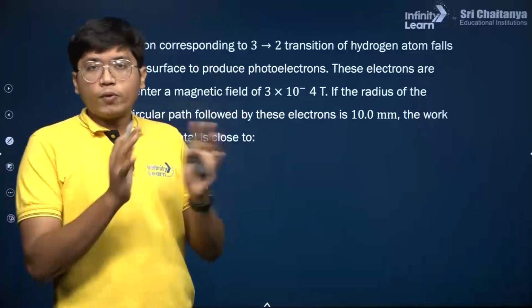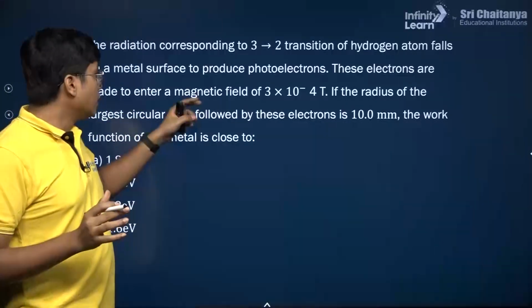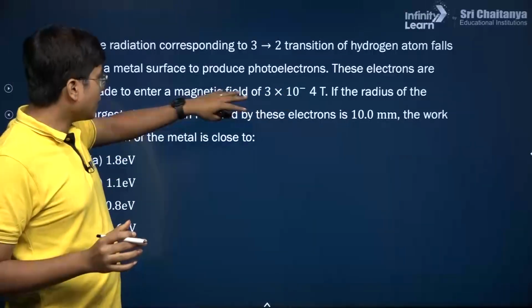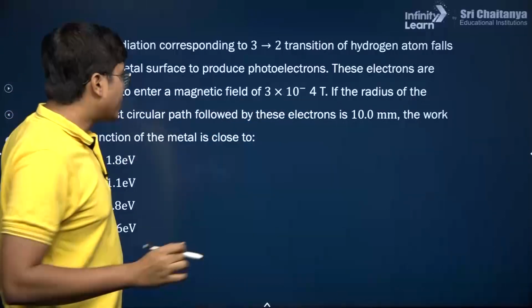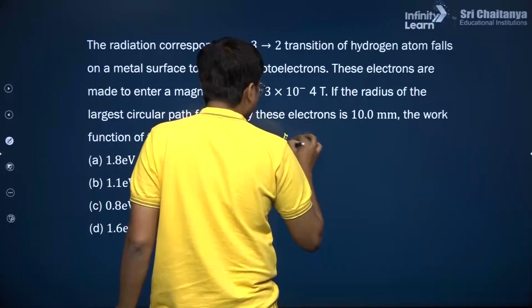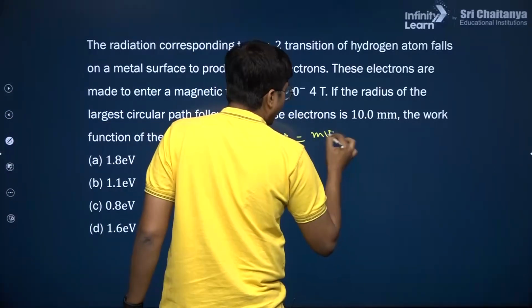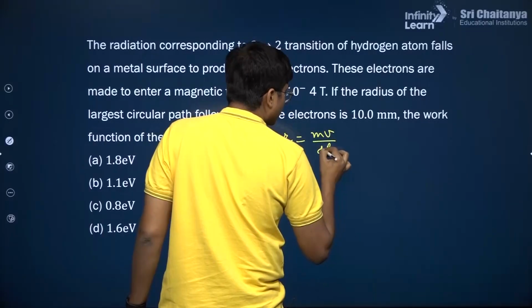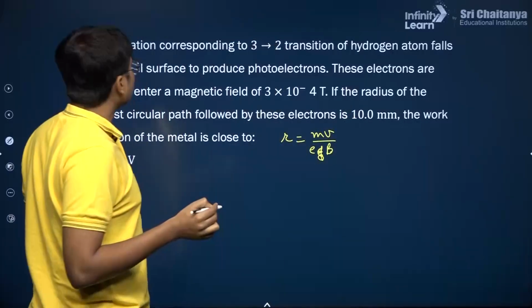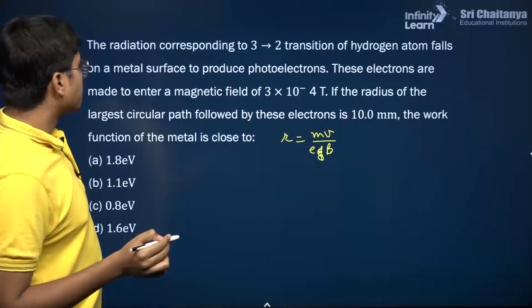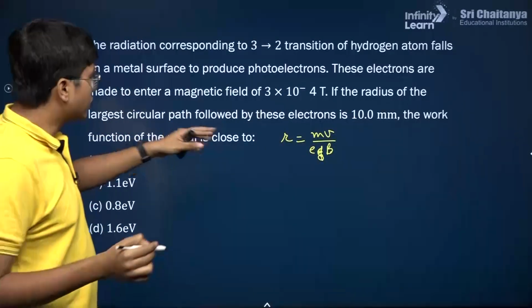So there's two ways in which we need to find the work. So over here, it entered into a field and it traversed a radius over here. So from that, what do we know as the radius formula? R is equal to mv by qB. Rather, instead of q, let's keep it e, because these are electrons here. So eB.